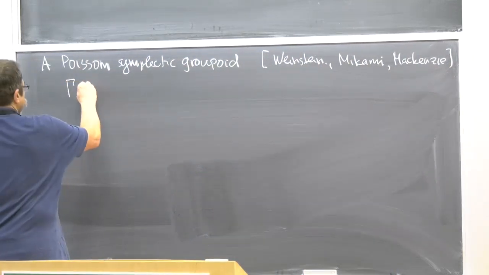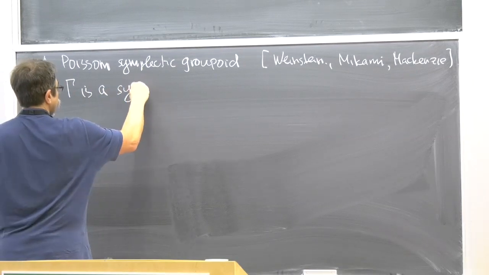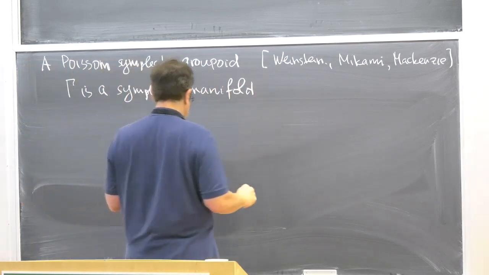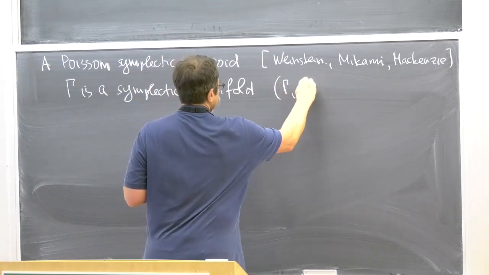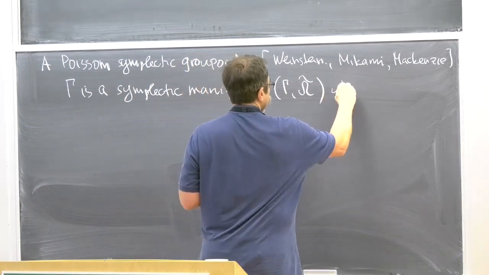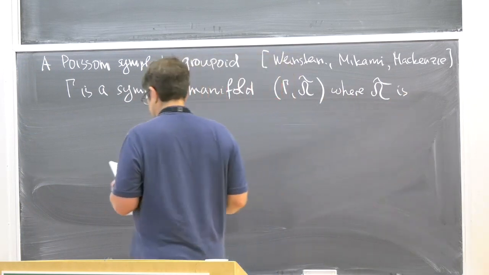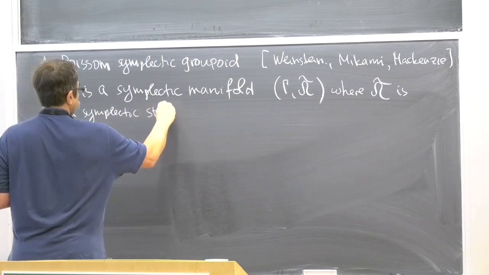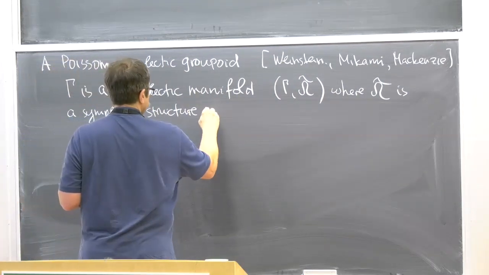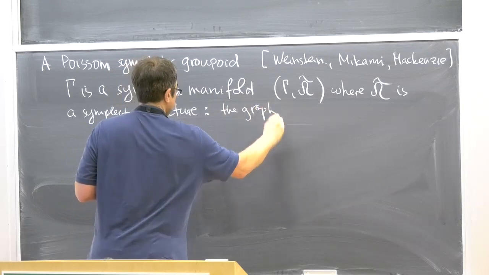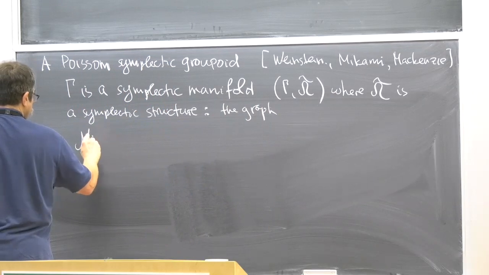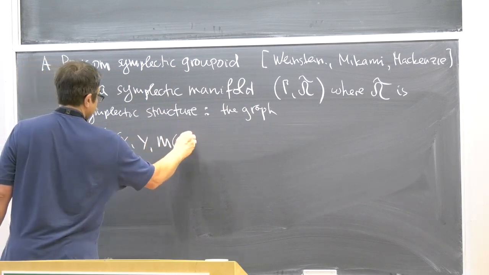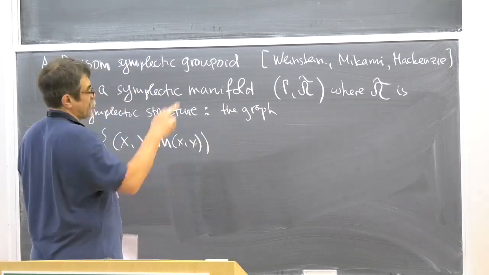So we have that Gamma is a symplectic manifold (Gamma, omega twiddle), where omega is a symplectic structure such that the graph M, that is, again, a triple now of objects. So X, Y are corresponding pairs.